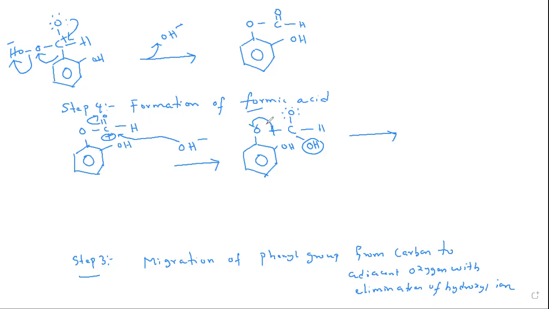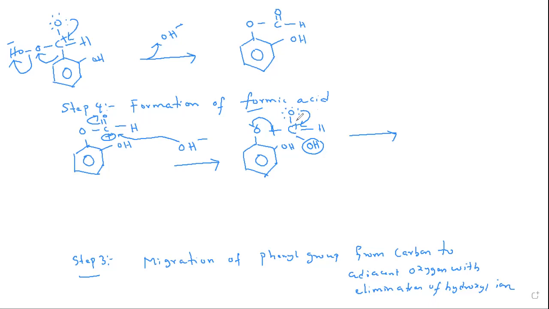As oxygen is more electronegative, the electrons present in the sigma bond will migrate towards oxygen. So what happens to carbon here? Carbon will get a positive charge. This positively charged carbon can be stabilized by using a lone pair of electrons on oxygen. Oxygen has 3 lone pairs of electrons. If oxygen donates 1 lone pair of electrons to this positively charged carbon, this carbon can form a double bond.